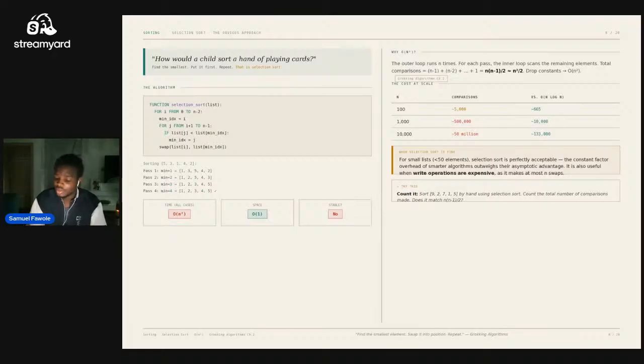I think arithmetic series, right? Which is n multiplied by n minus 1 divided by 2. In big O notation, we drop all our constants, and basically we have n squared over 2. We still drop our constants, so we have basically O of n squared. O of n squared, that's quadratic, which is pretty much very slow.